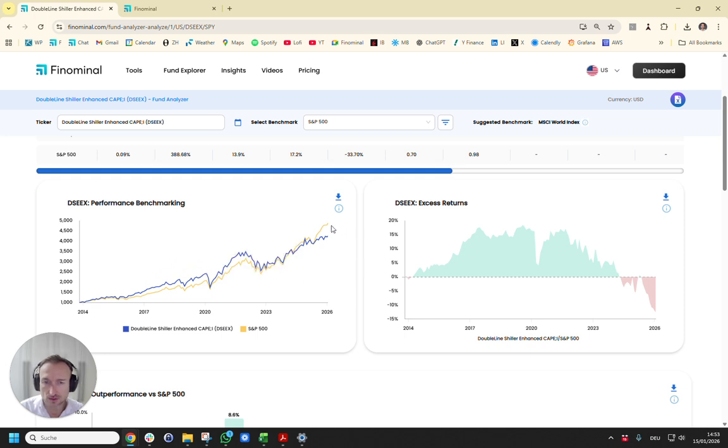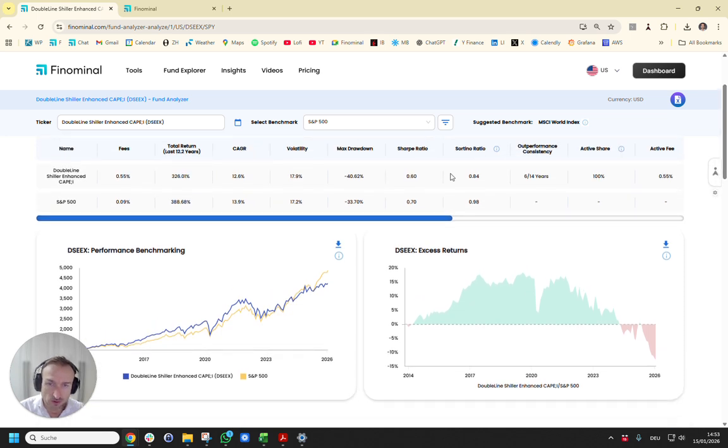And so with the entire track record, you can see that this product has underperformed the S&P 500, which, as mentioned earlier, is one of the benchmarks on the fact sheet of the fund. Making this slightly worse, you can also see that the volatility of the fund was higher, drawdowns were worse, and the Sharpe ratio was significantly lower than that of the S&P 500. So that doesn't look particularly good for the fund.